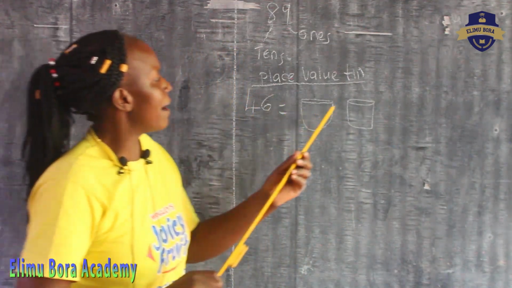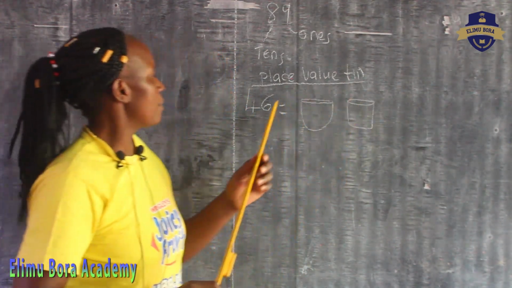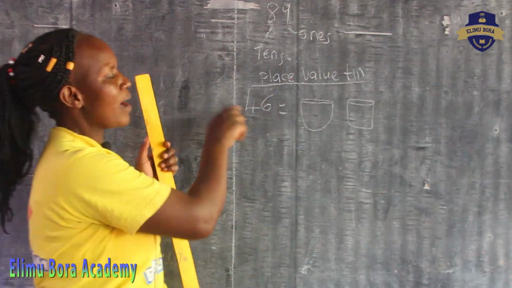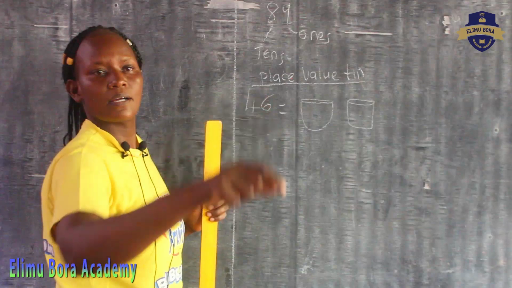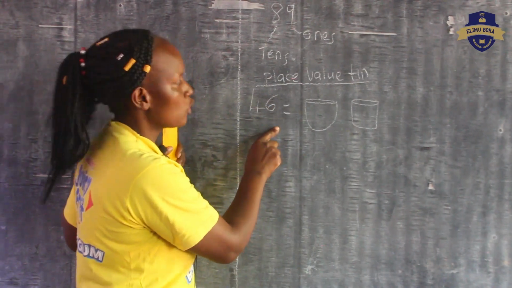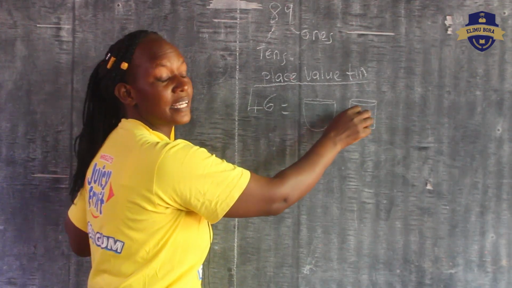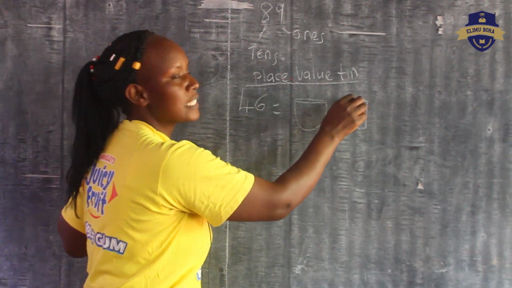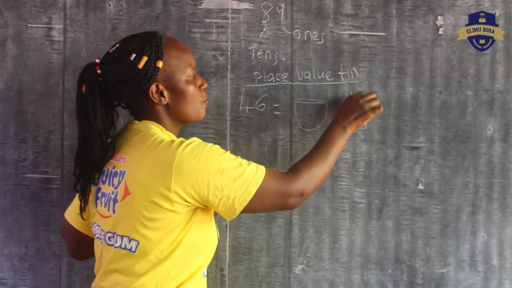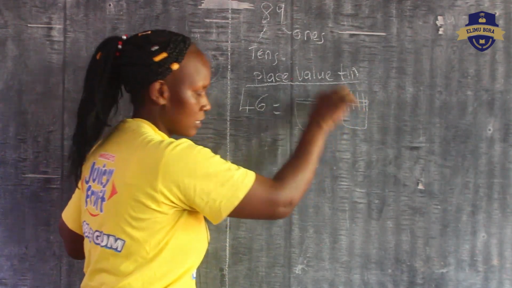I want to draw my sticks for ones here and my tens sticks here. How many ones are there? 6 ones. So we draw how many sticks in the tin of ones? 6. 1, 2, 3, 4, 5, 6.